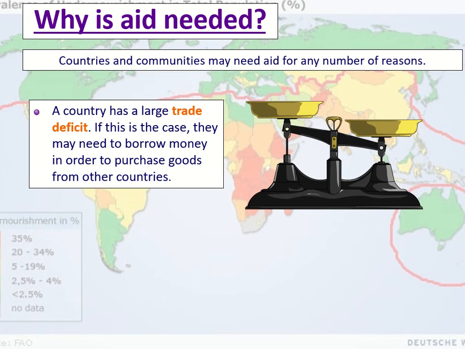And that doesn't really last very long in a country. Imagine if in your bank account you get £100 a month, and you spend £110 every month, it's not going to last very long and you're going to start getting into debt, which is an issue. So countries that have a trade deficit need to borrow money. That's where financial aid tends to be utilised the most.